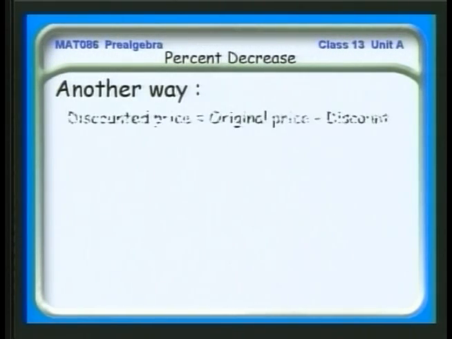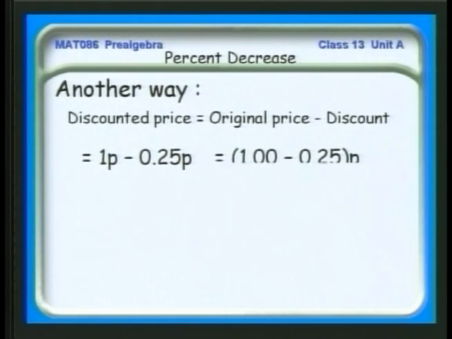Now there's another way I could do this. I could say that the discounted price is the original price minus the discount. Now, the original price is 1 times whatever the price is, minus the discount, which is 0.25 times that original price.